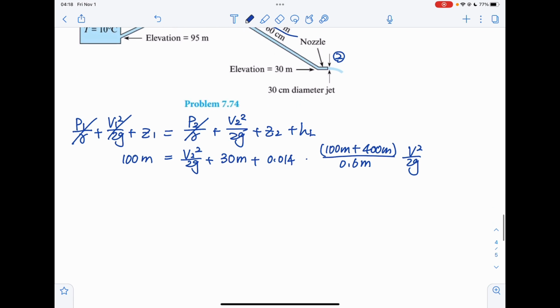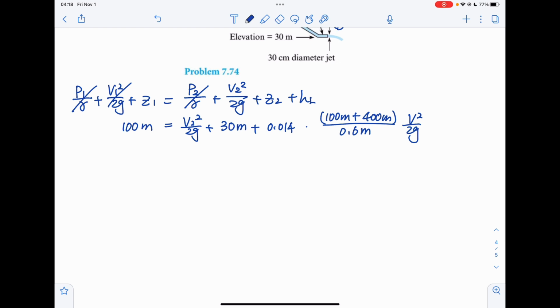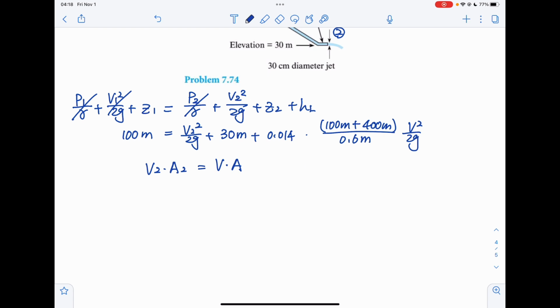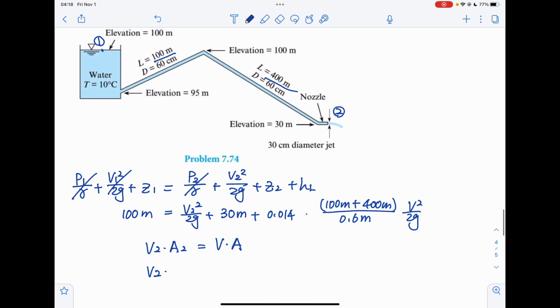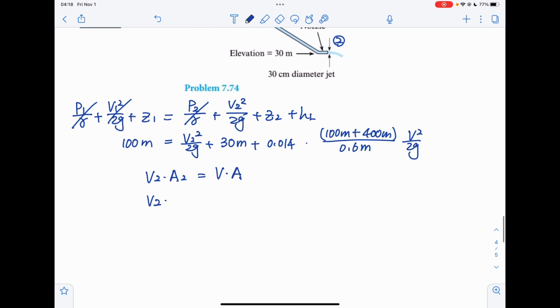But because of the continuity equation, V2 times A2 equals V times A. So V2 has the diameter of 0.3 meters squared, which equals V times the diameter, which is 0.6 meters squared.